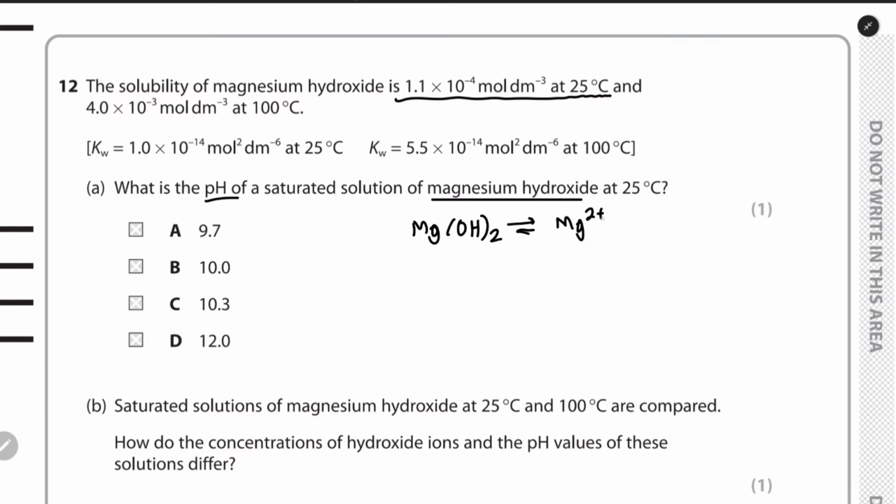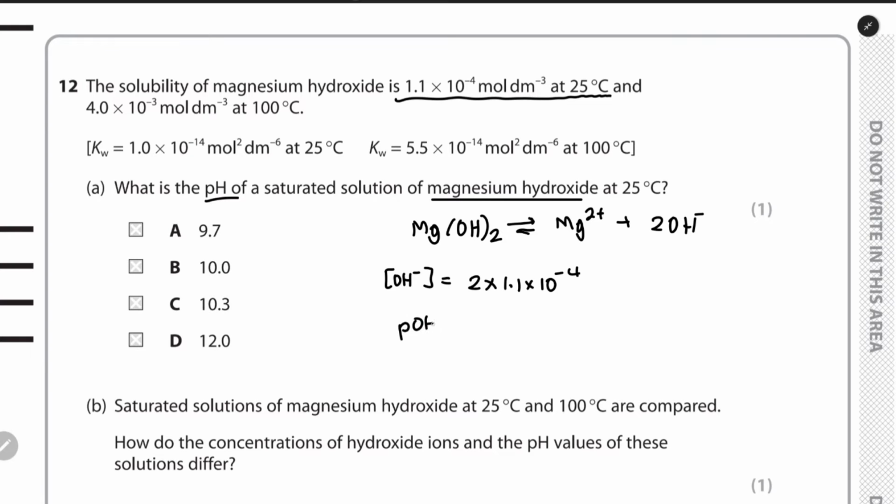So the dissociation is like this. So we have 2 moles of OH minus per 1 mole of magnesium hydroxide, and the solubility is this value over here. Since magnesium hydroxide is a strong base, the dissociation will be complete. So the concentration of OH minus will be twice the concentration of Mg(OH)2. So this value over here.